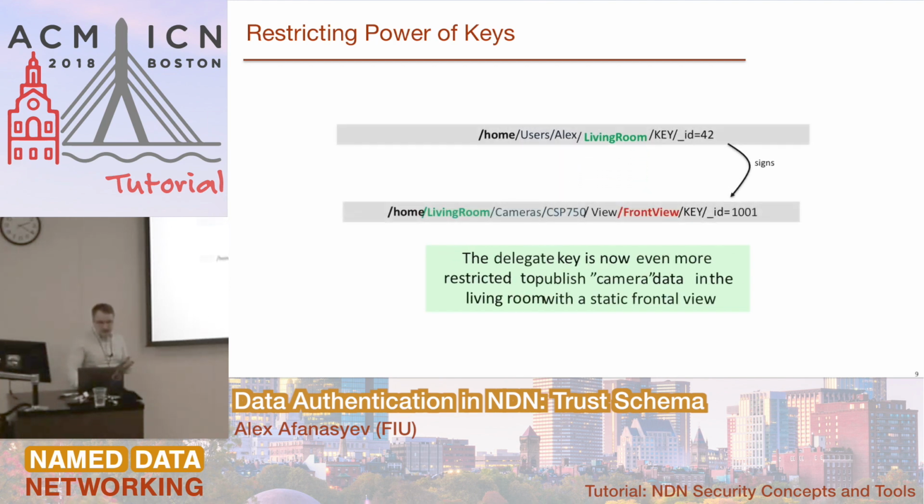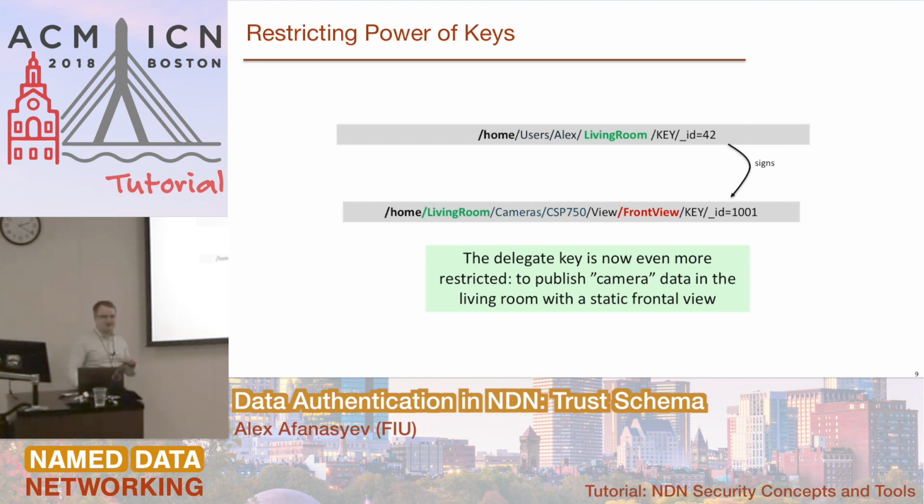And here I have additional restrictions that can be imposed on the next level. So some camera that's installed at the house can be given a key that's only valid for this specific camera, and not only for this specific camera in this living room, but also limited to some part of the view of the house.